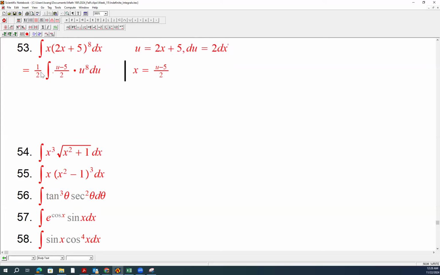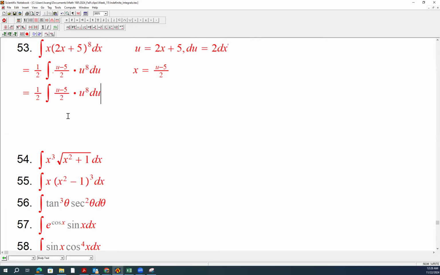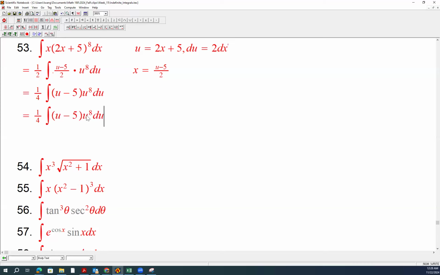All right. Organize, 2, take it out, right? So this is a 4. u minus 5, right? So we're going to have to distribute.